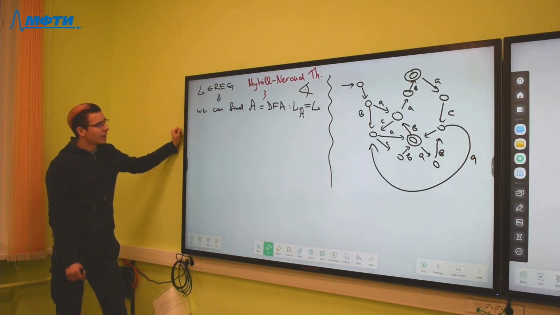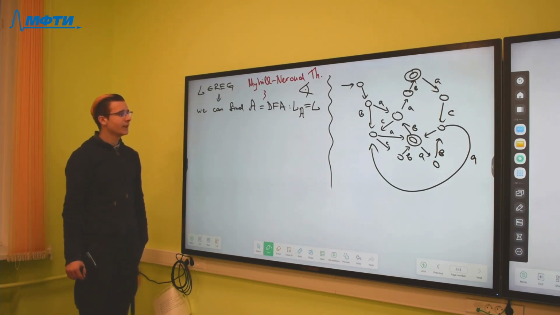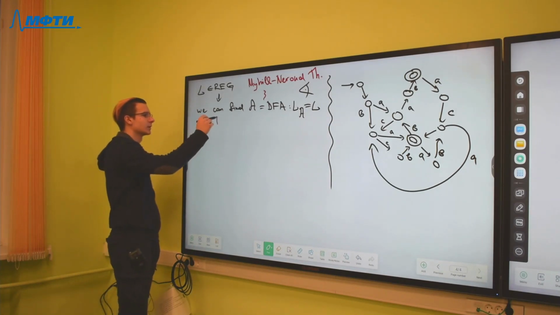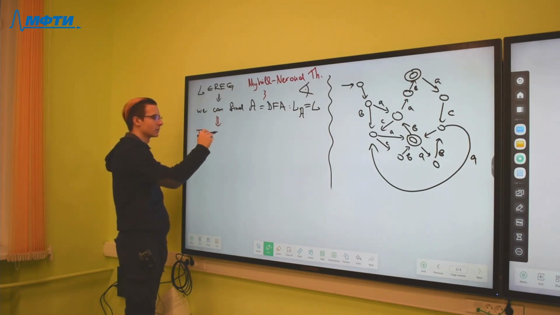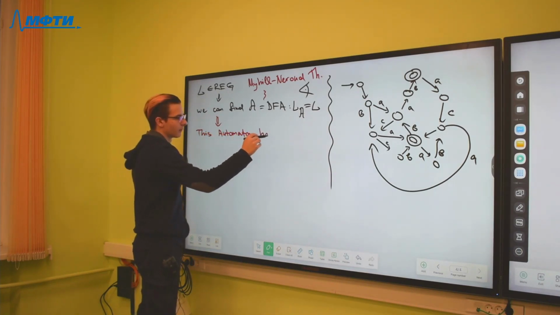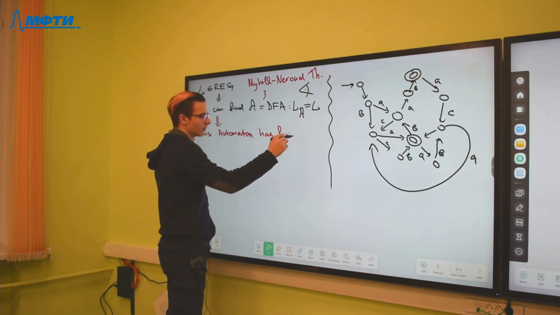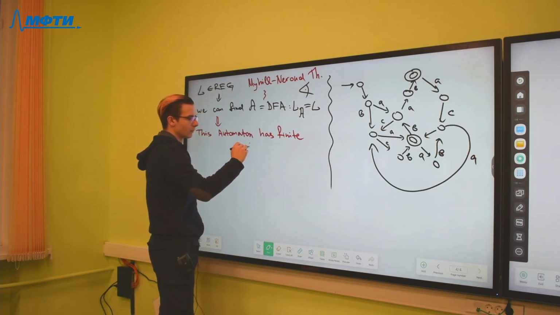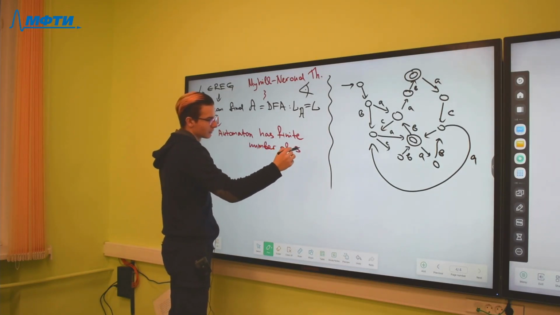So we can find A. And then we can say that this automaton has a finite number of states.